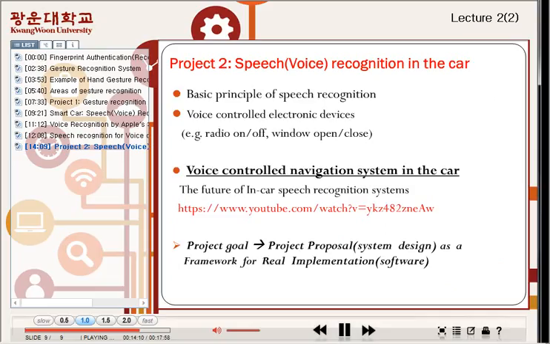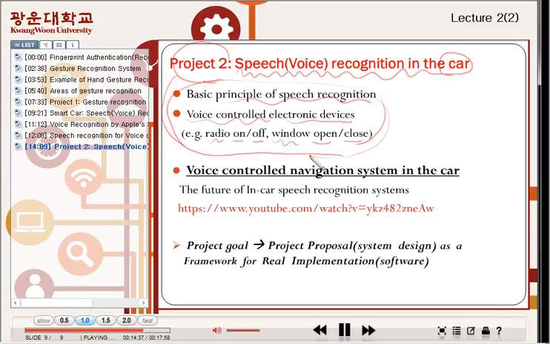I'll show you project 2. For example, the title is Speech Voice Recognition in the Cars. We have to study the basic principles of speech recognition theory and voice-controlled electronic devices. For example, you speak radio on, off, or window open or close. These basic theories are necessary for speech recognition in the car.